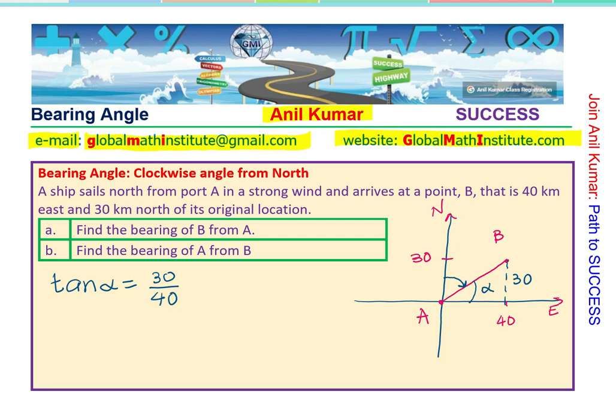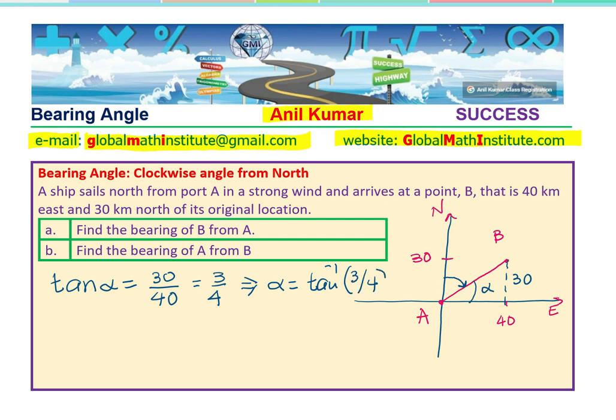Opposite over adjacent side. Or you can simplify this and write it as 3 over 4. So that gives you the measurement of angle alpha: alpha is tan inverse of 3 over 4. Perfect.